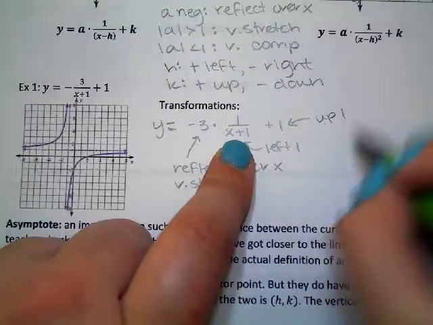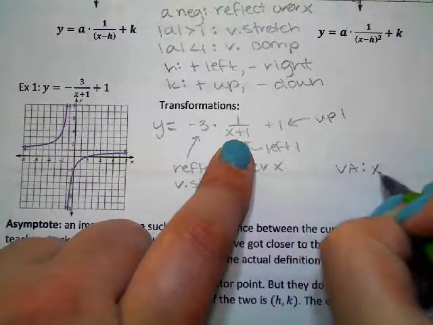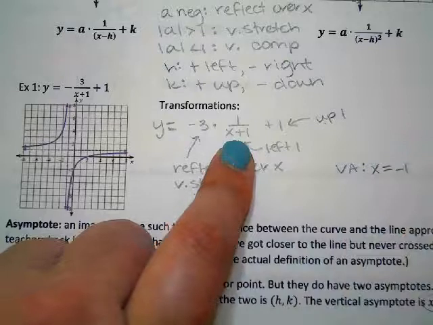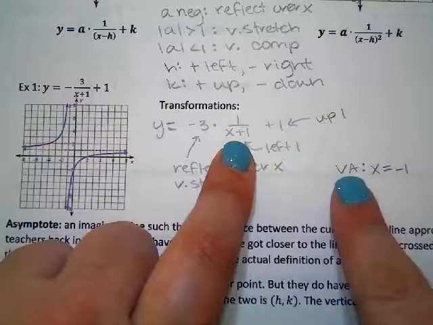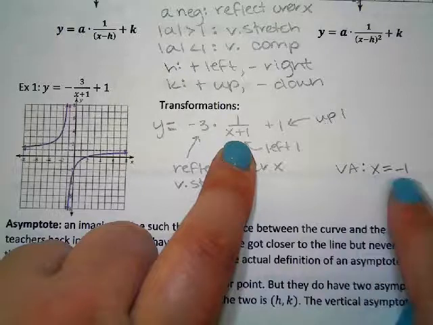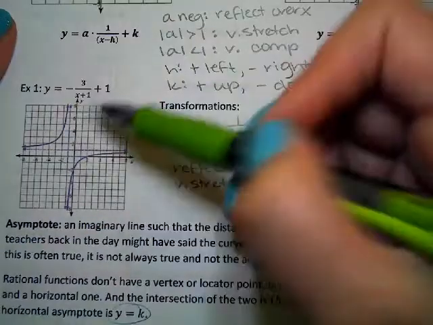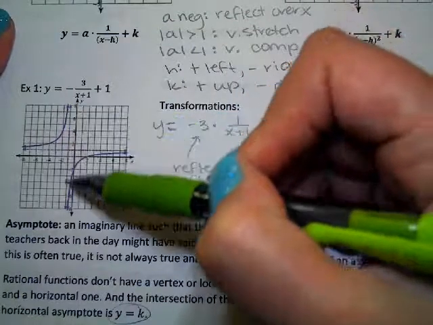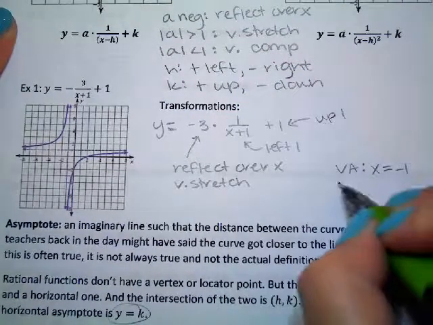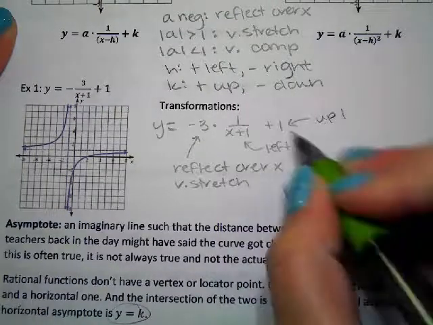So my vertical asymptote is at x equals -1. Do not ever tell me vertical asymptote -1. It is the equation of a vertical line. So vertical asymptote is x equals -1. You can see that right here. My horizontal asymptote is the equation y equals +1 for that number on the end.